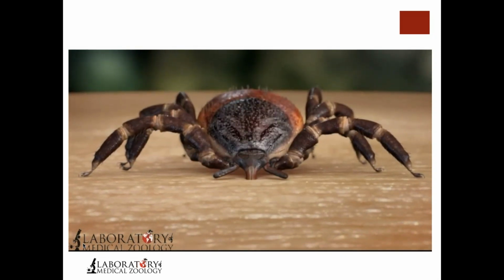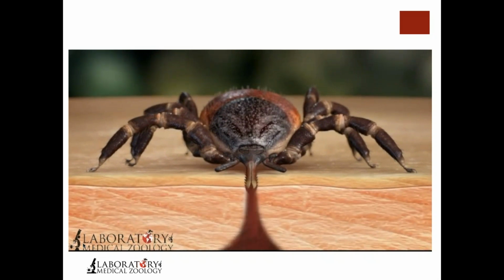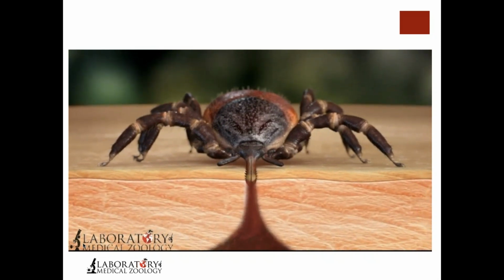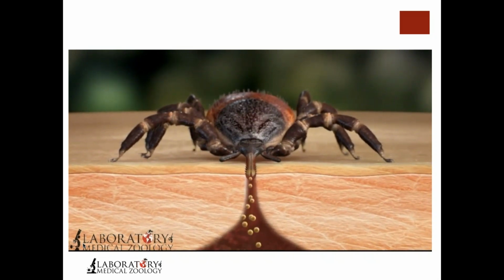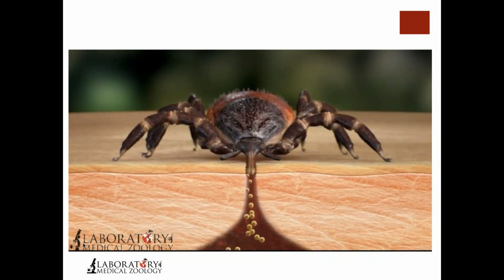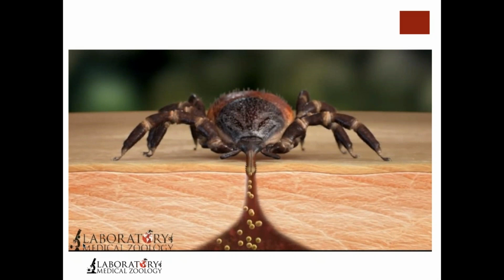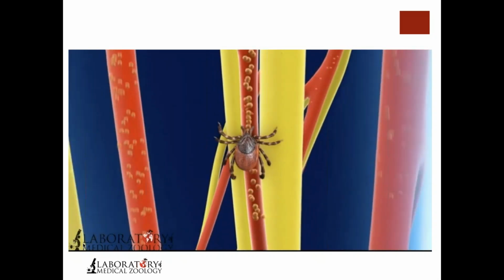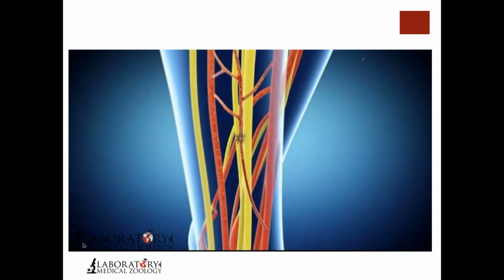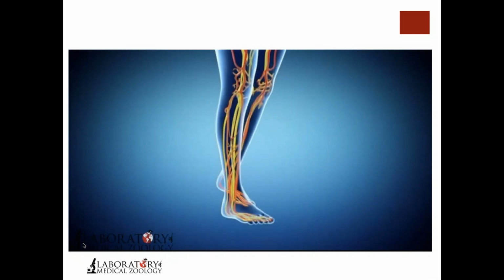And then she plunges her mouth parts into the host and glues herself into place and starts a very complex feeding process that involves spitting salivary juices, quite literally, into the site of the wound, but also sucking blood up. And it's a very delayed and very slow and regimented process that goes on.